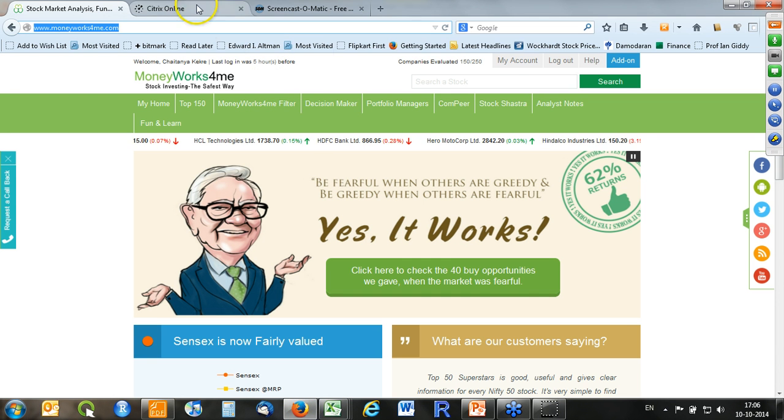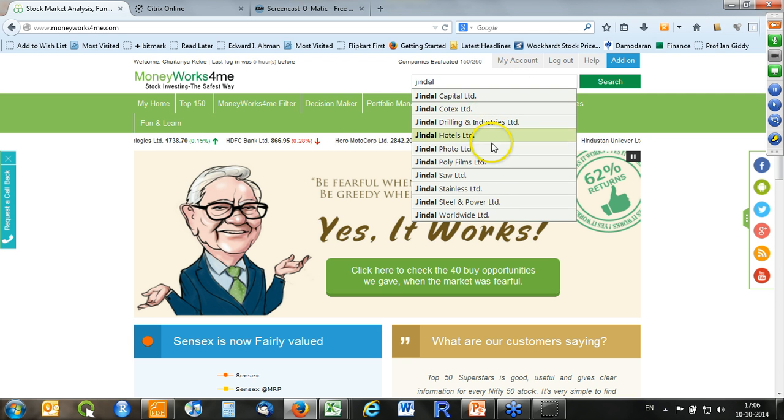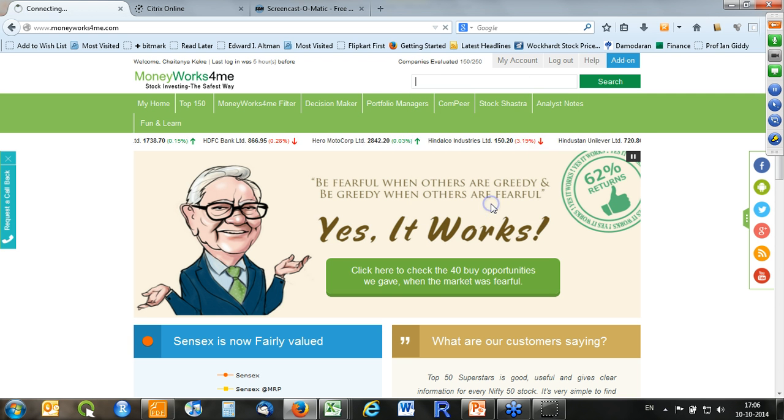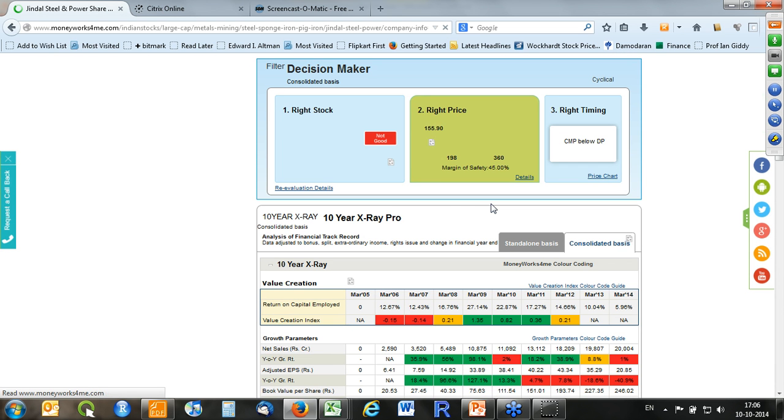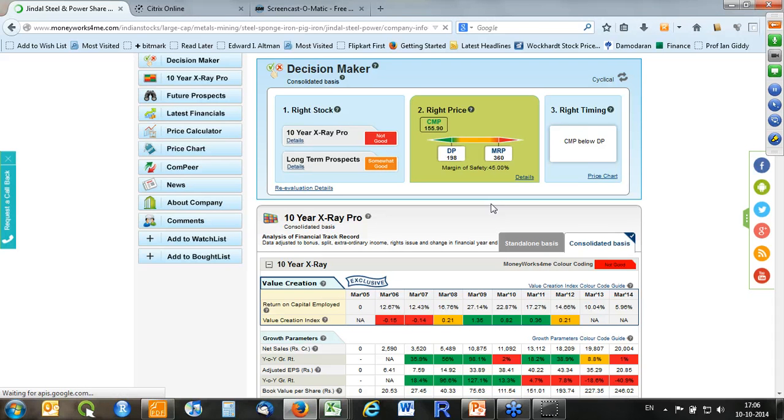One thing I would like to point out to you for Jindal is, based on its 10-year performance, the key thing to look at is that even though the growth has been extremely high for Jindal Steel, of late its value creation has been falling, and that has been very steep.